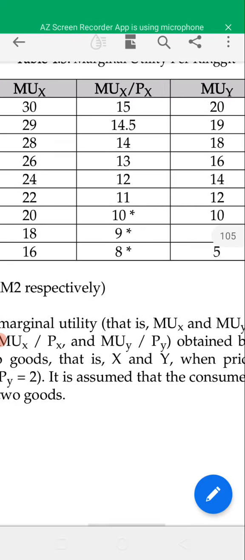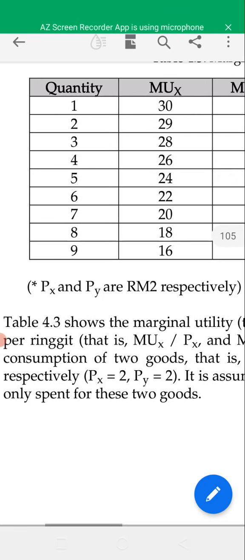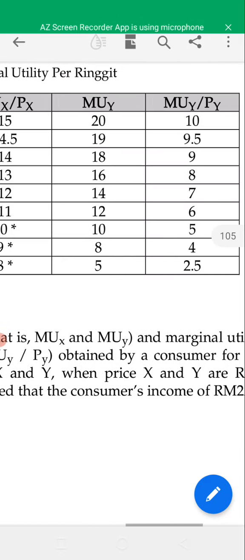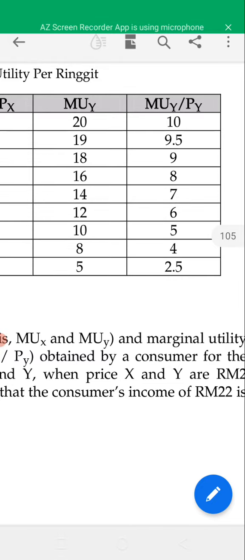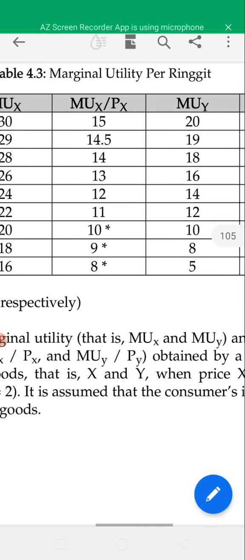So you can name it as bundle B. How many of X? Okay, so we have 9. Where there's a 9 here, it's representing 8. So you can say 8X, all right? Then you go and look for the 9 for the Y, meaning for Y, the 9 is appearing on the third quantity. So you say good Y, we need how many?